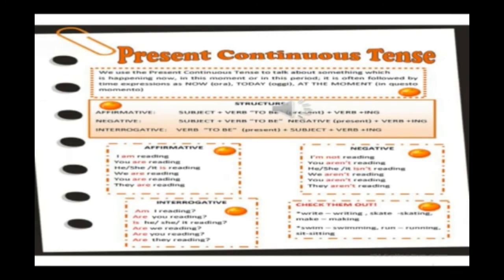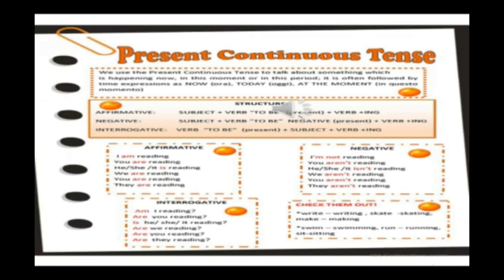And we already discussed the structure of the present continuous tense. For affirmative sentences, we have to place subject plus is or are or am plus verb plus ing. If it is a negative sentence, we have to place subject first, then is or are or am, then the negative word, then verb plus ing.